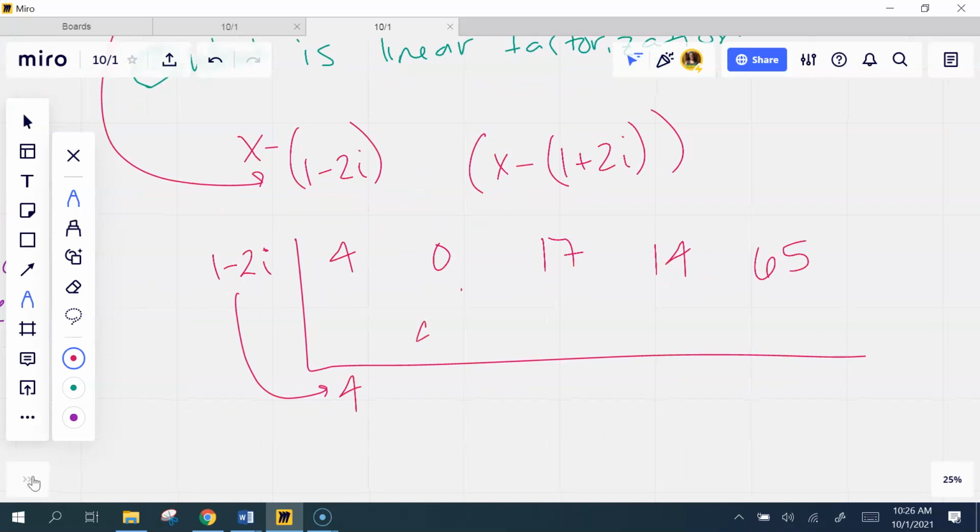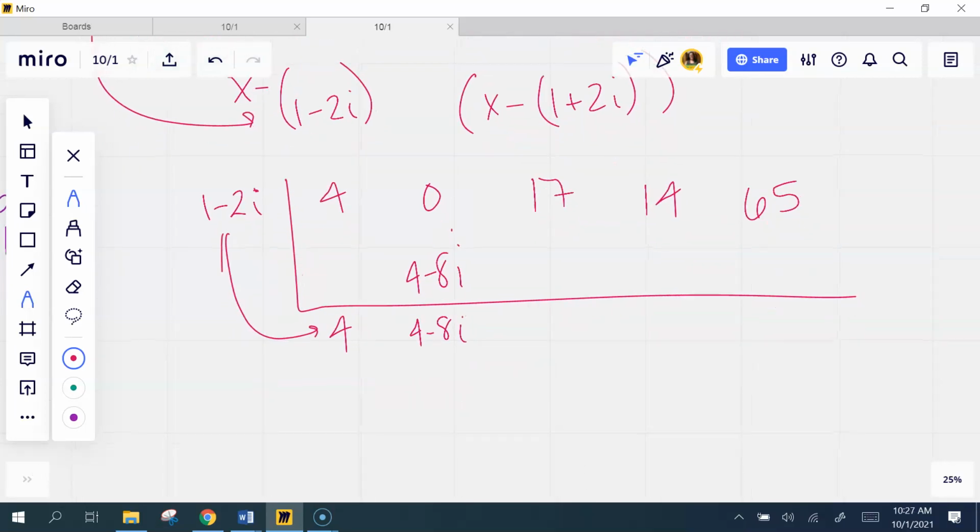4 minus 8i. Now add. Oh my goodness, what's going to happen? FOIL.